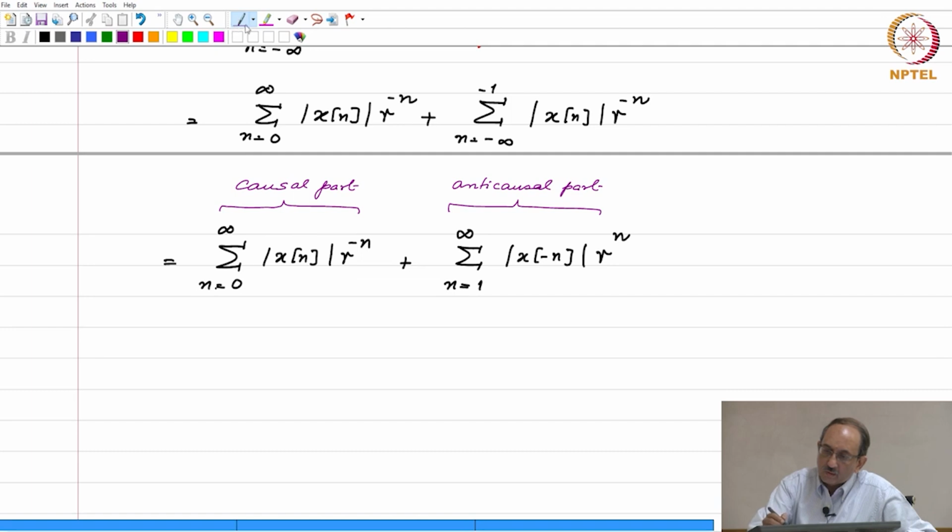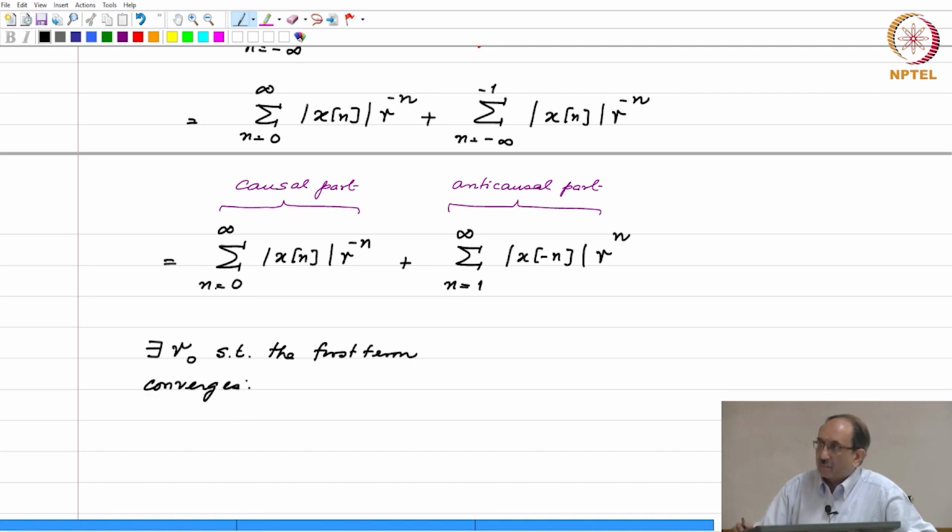Now, let us look at each of these terms. So, let us look at the causal part to see what that behavior is. Let us assume that there exists a certain R naught for which the first term converges.